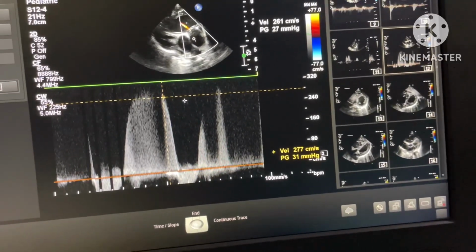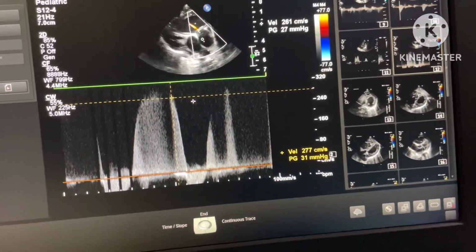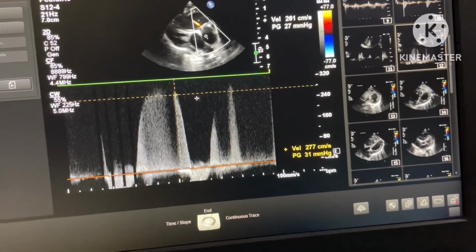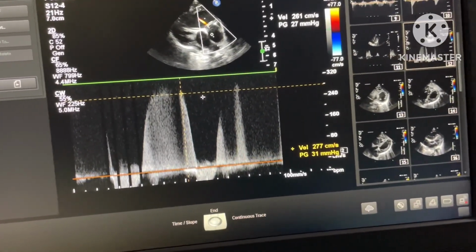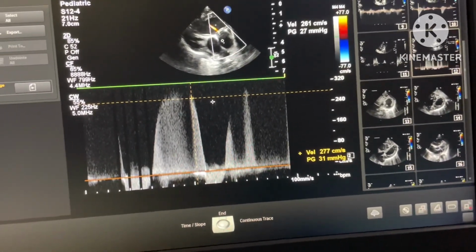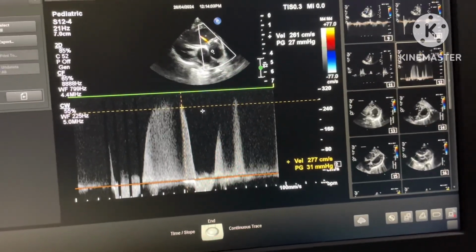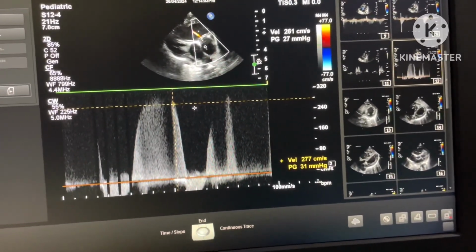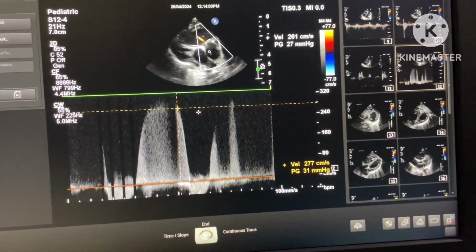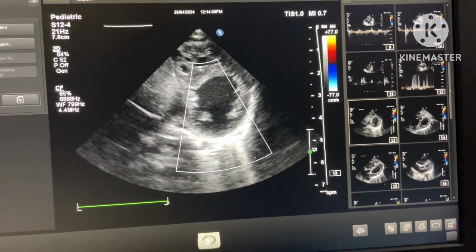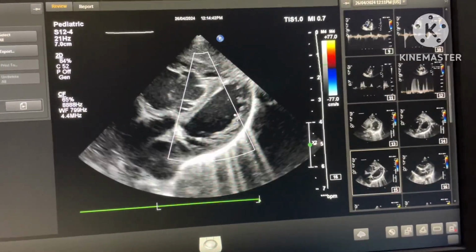So this baby also has severe pulmonary artery hypertension. This baby has not even completed 24 hours of life; the baby is on the second day. So the case has complete heart block and persistent pulmonary hypertension of the newborn. In the next image, you can see this is a D-shaped heart.